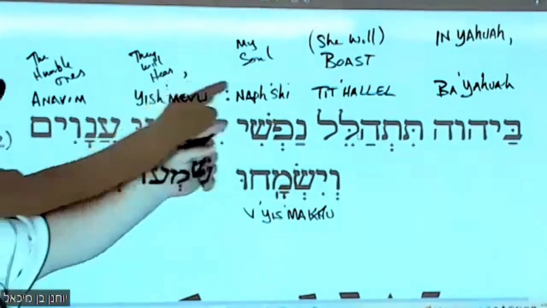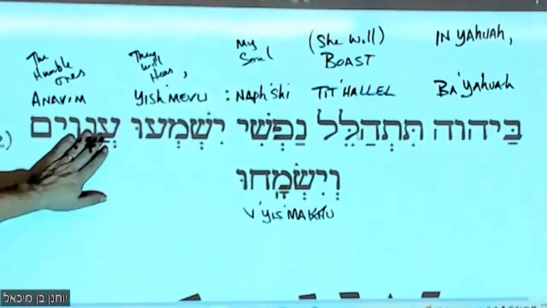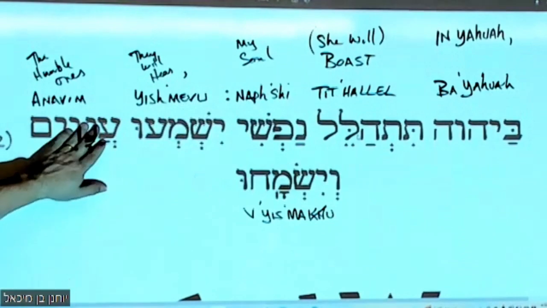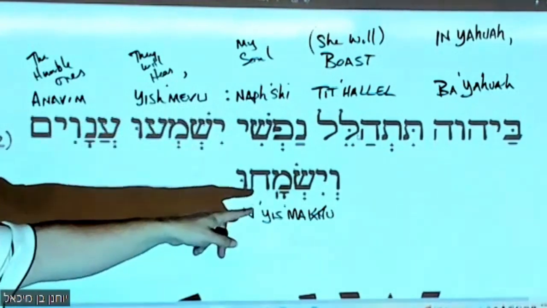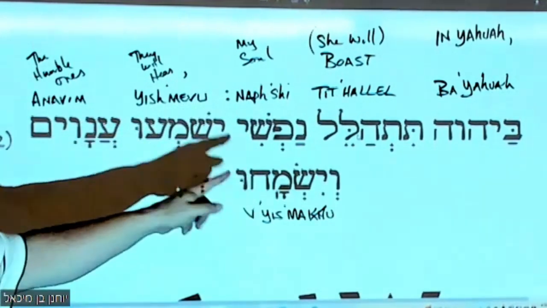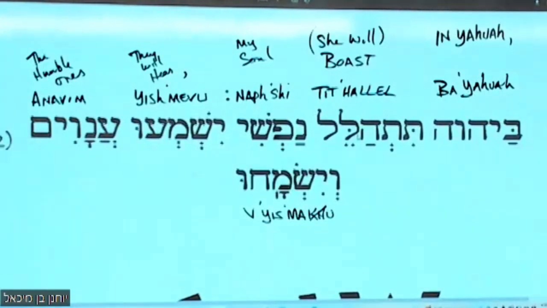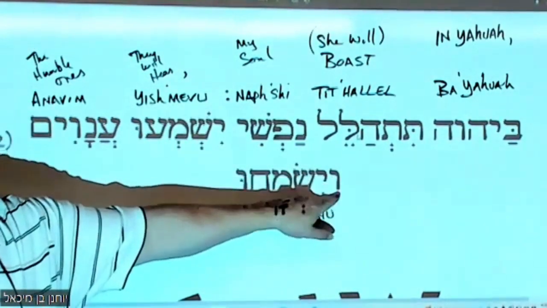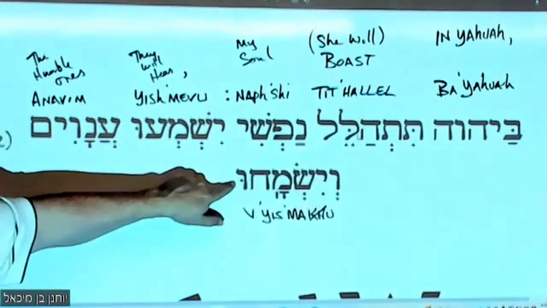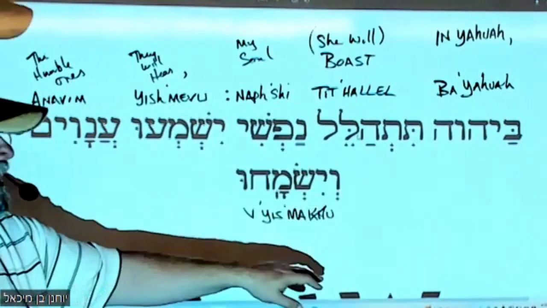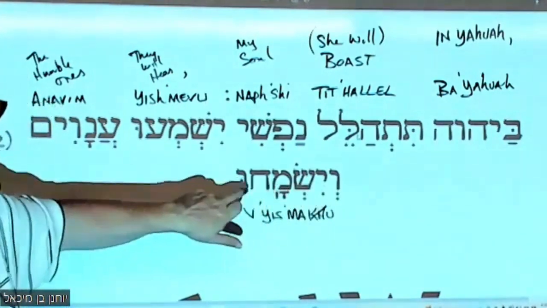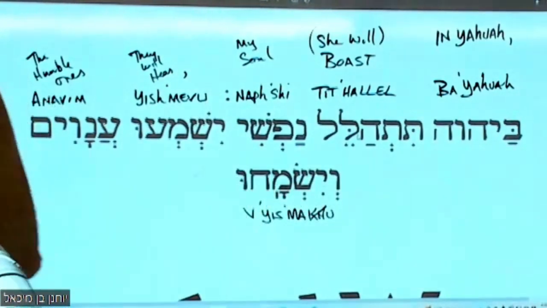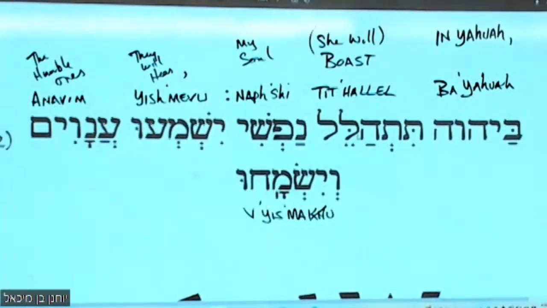So they're going to hear, these humble ones, right? They're going to hear, and what's going to happen? And they will rejoice. Do you see how that works, brother? And, right? The wa, and, the u at the end, they. It's actually, and will rejoice they. So we have to jump around, because our grammar is different.